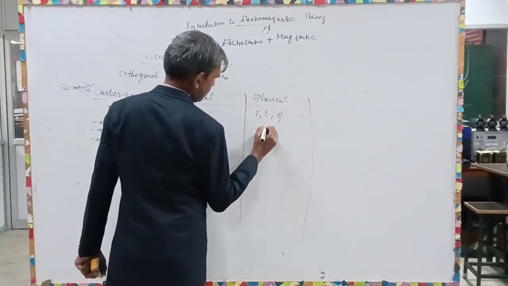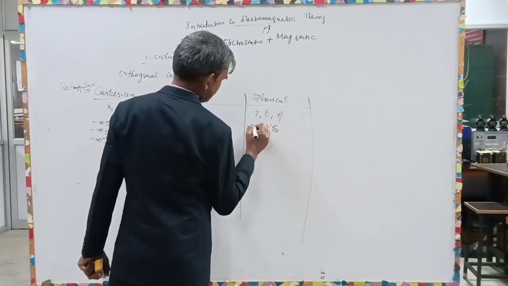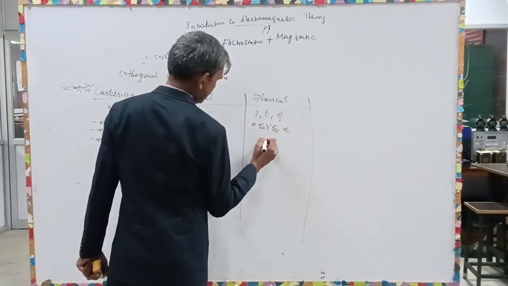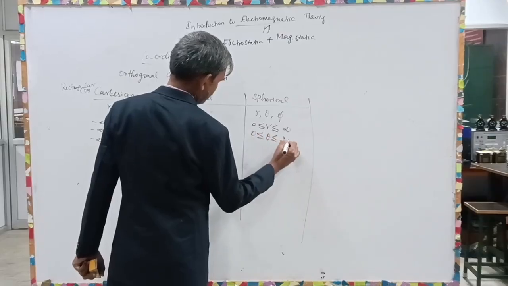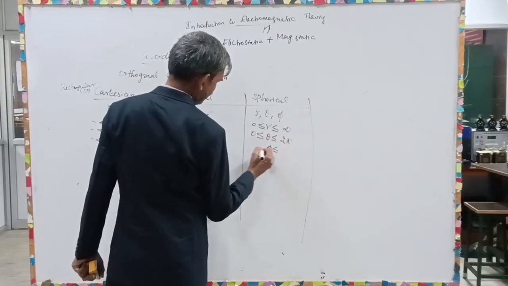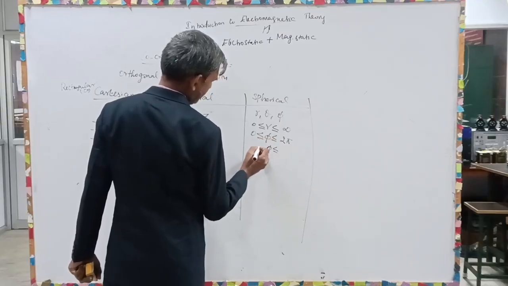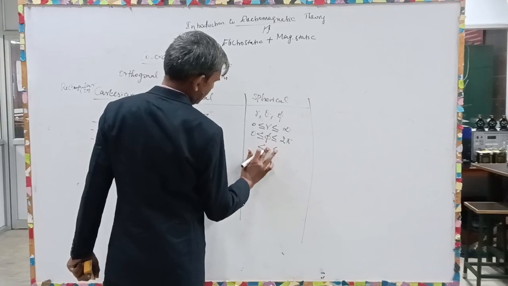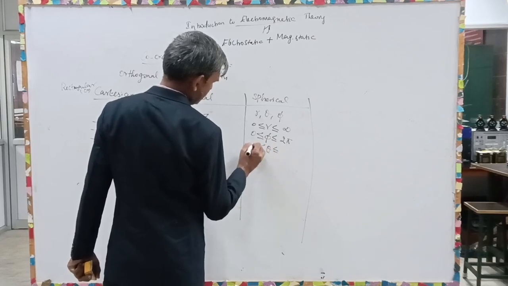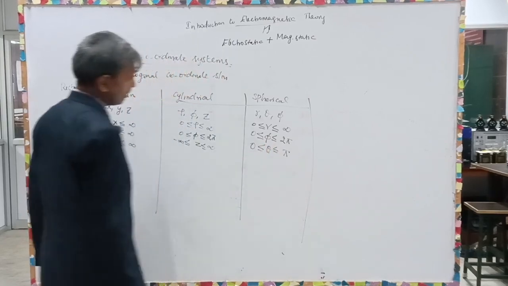Similarly, for spherical, r will vary from 0 to infinity, theta will vary from 0 to pi, and phi will vary from 0 to 2 pi.